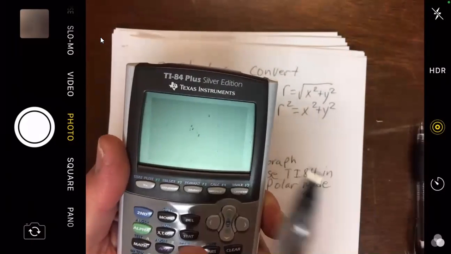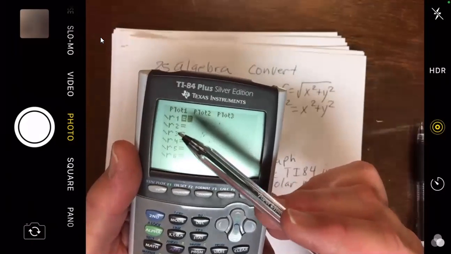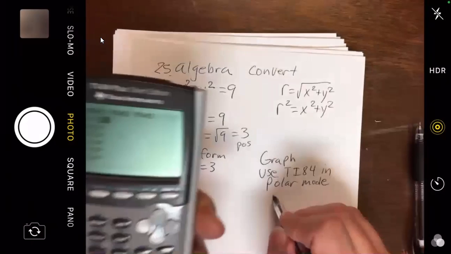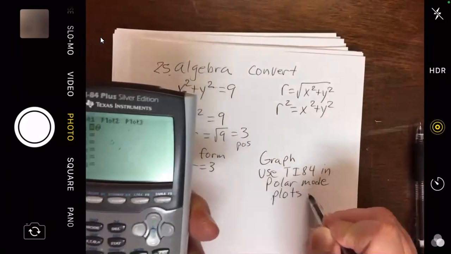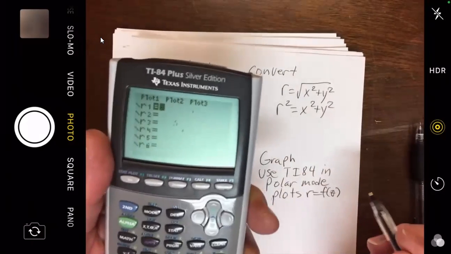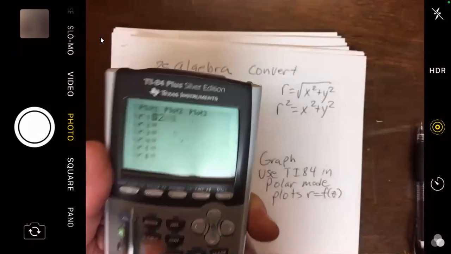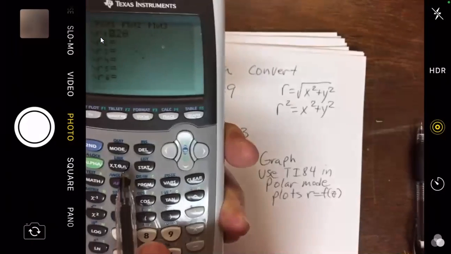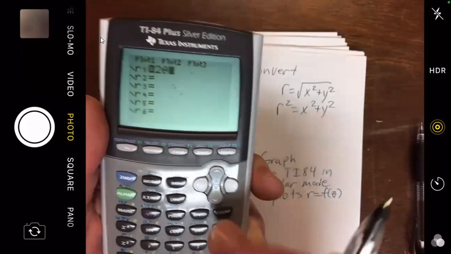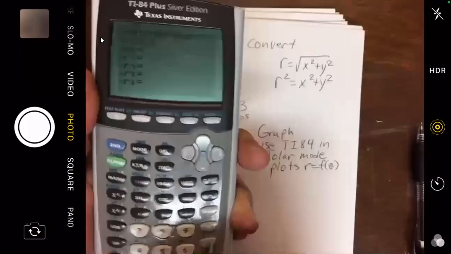So if you go to y equals, now you see, you get nothing but our equation. The calculator plots R as some function of theta. When I hit this X key like you're used to, instead of getting X in polar mode, you get theta. All right, but we don't want that. In this one, we want just 3.